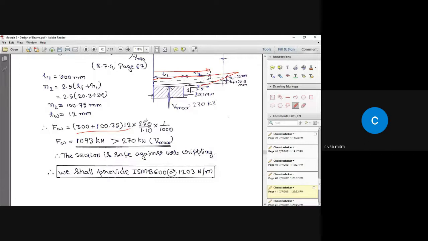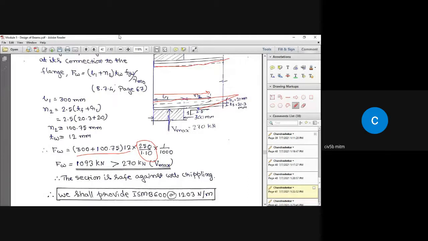Multiply that by the FYW value. FYW is the yield strength of the steel material, 250 divided by 1.10, and convert that value into kilonewton. So here is the formula, and I'm substituting all the values in this formula.